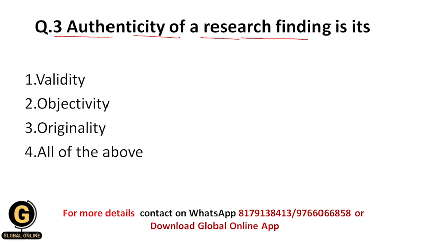Okay, this is called authenticity. And what is exactly the authenticity of a research finding? It means that whenever we get the results of our research, how can you say that our research results are authentic. So whether it is its validity or its objectivity or originality or all of the above.